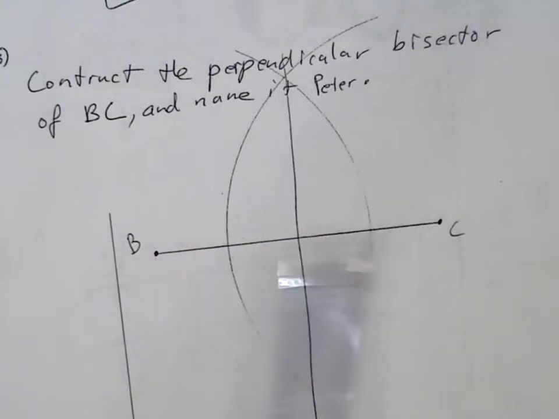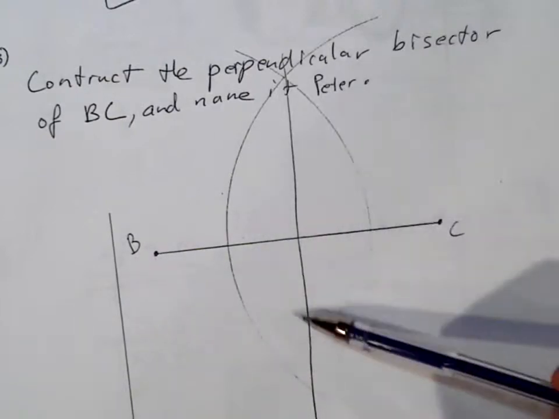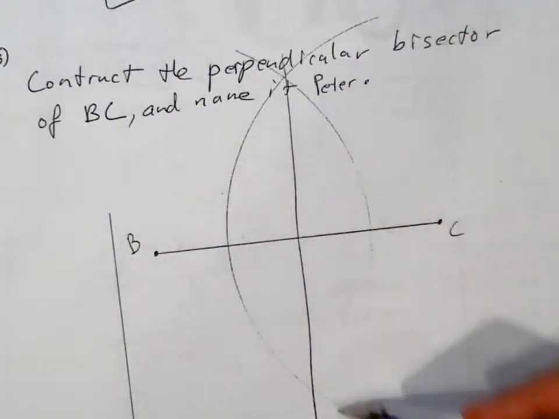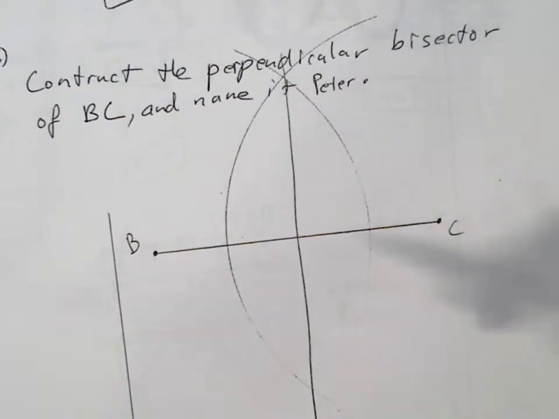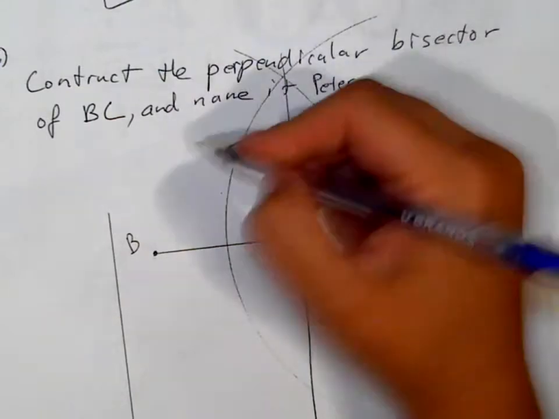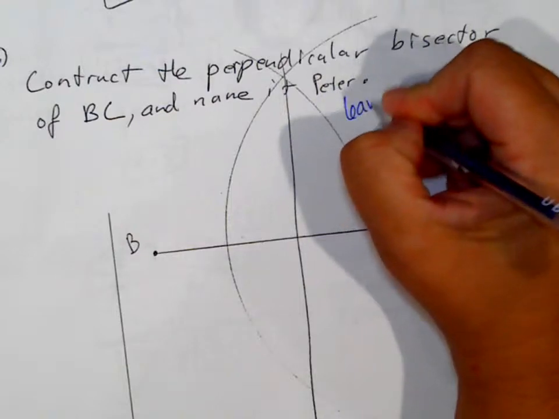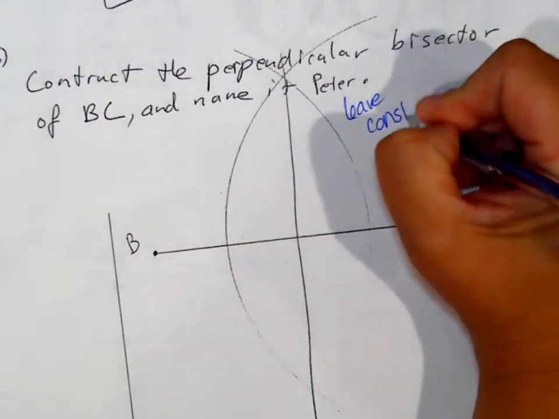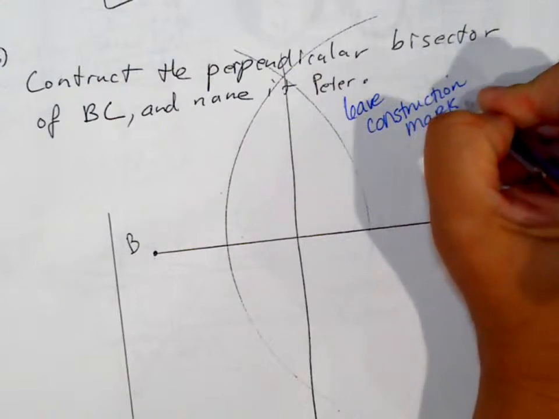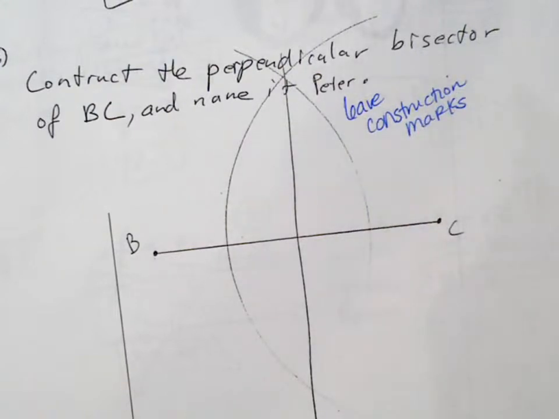You guys did not have problems on your construction of it, the actual moving the compass and creating what are called construction marks. On your exam, you need to leave your construction marks. Do not erase these. So leave construction marks and follow directions. That's the best advice I can give you.